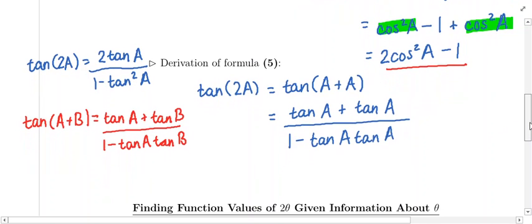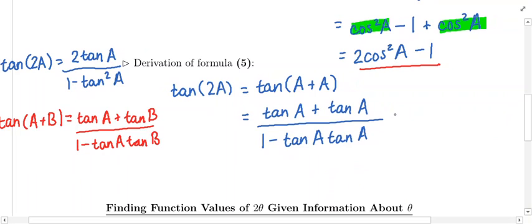Now we can combine like terms in the numerator. In the numerator, I have a tangent of A and I'm adding another tangent of A. So I have a total of 2 tangents of A. So that's going to be 2 times tangent of A over, in the bottom, 1 minus, I'm multiplying tangent A by itself.